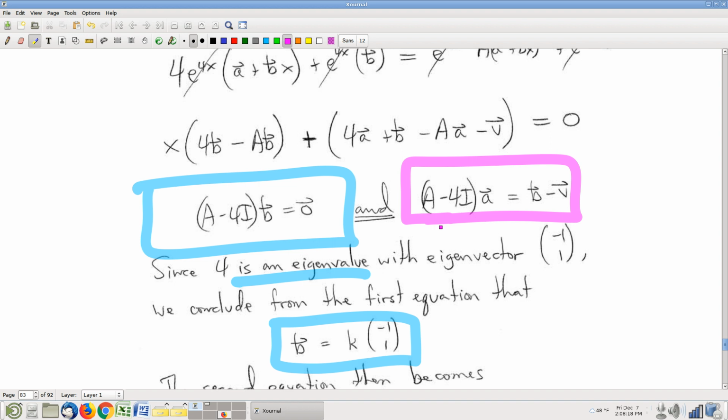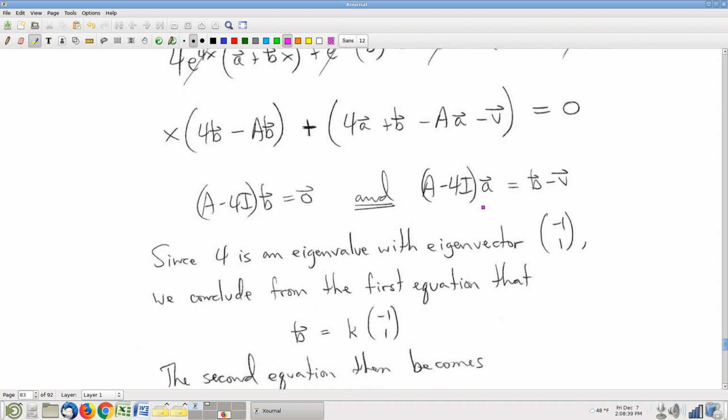Is there a K? Of these infinitely many solutions I have to choose from, free for nothing in the B vector, might it be that one of them is exactly what I need to make the purple equation work? And it turns out that's what happens. So this is just kind of details, but here we go.